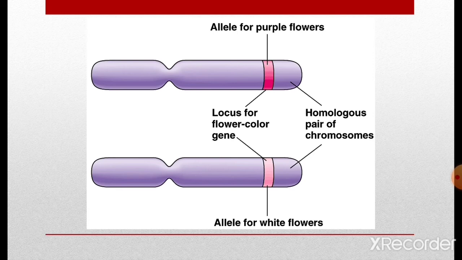Both the alleles have the same position. Look at the position of both the genes or both the alleles. The position is the same and both are on the homologous chromosomes. And these are the alternate forms of genes. That's why they are known as alleles.